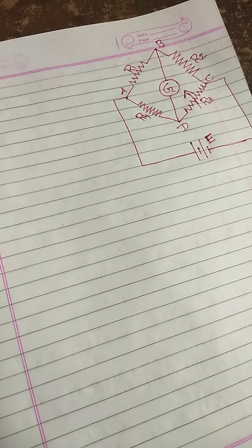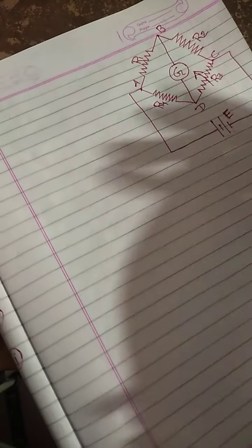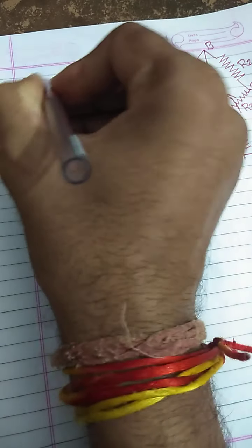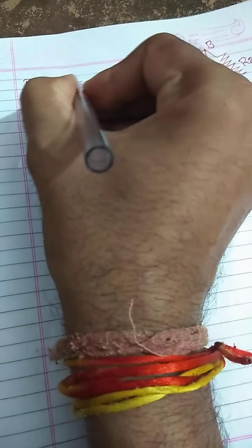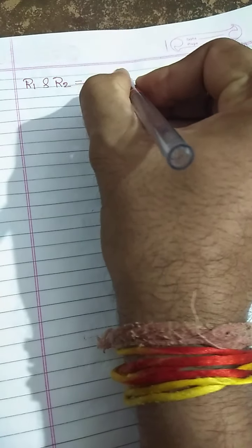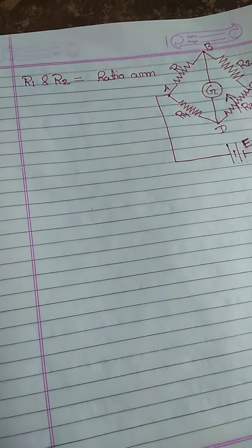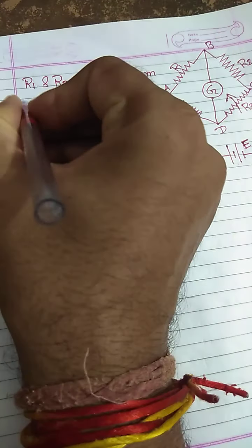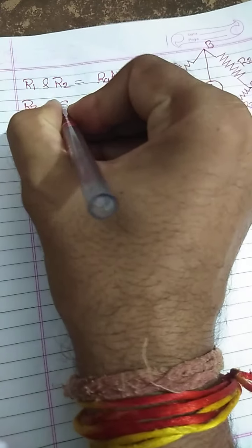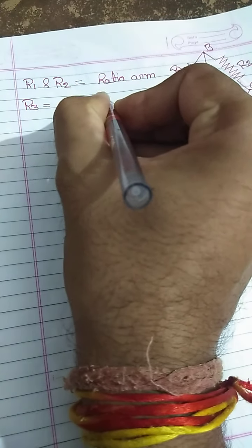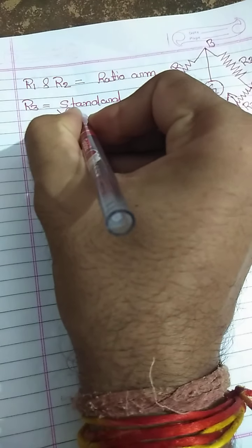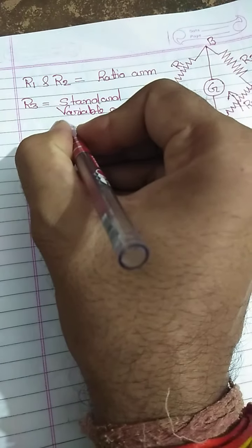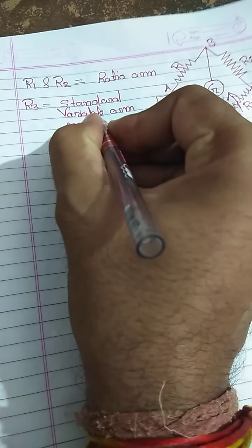As I have said, this bridge consists of four arms. R1 and R2 are known as the ratio arms. R3 is the standard variable arm resistance.